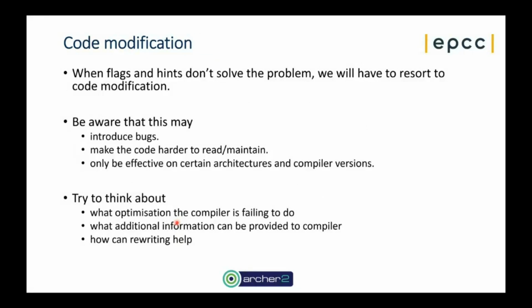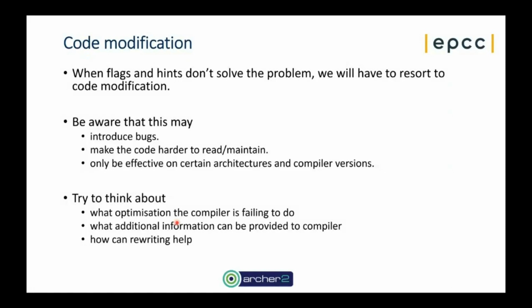Now, the ideal case is the compiler does all the optimization for you, and you don't have to change your code. And that way you've got a win-win situation. You've got code that you've written which you're happy with and understand, but the compiler is making it fast for you. Of course, there may be times when the compiler struggles to optimize your code for various reasons, but it just doesn't have the information available to do some of the optimizations that you could do by hand.